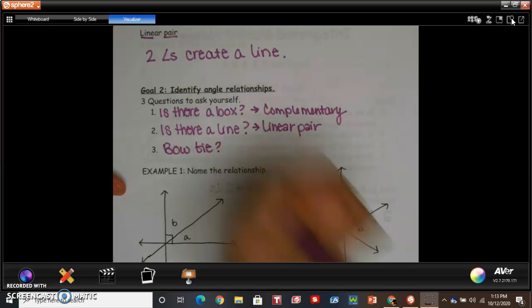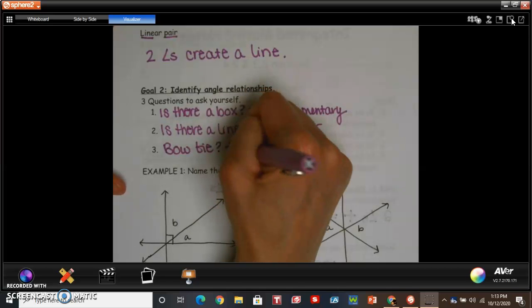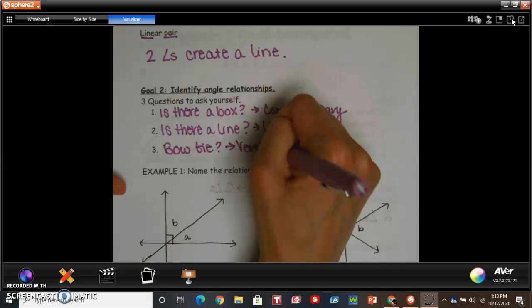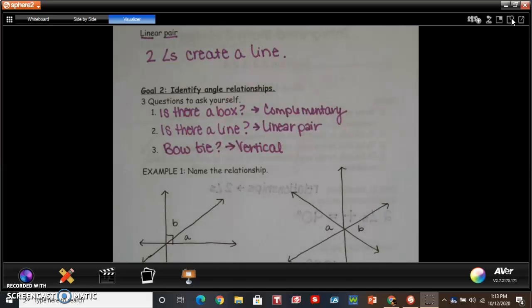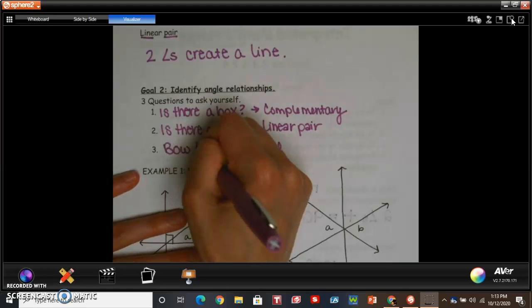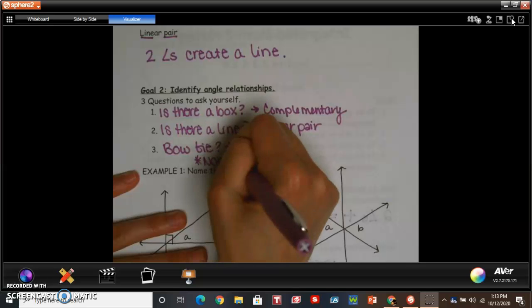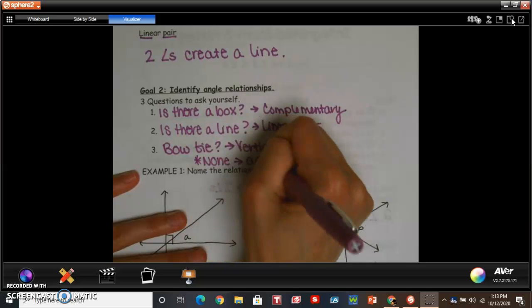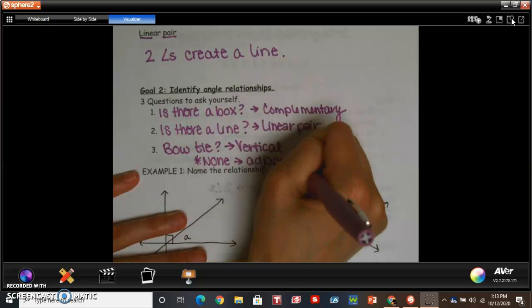If it's a bow tie, it is vertical. Now, if it's none of those, then it is considered adjacent, at least for this section of your homework.